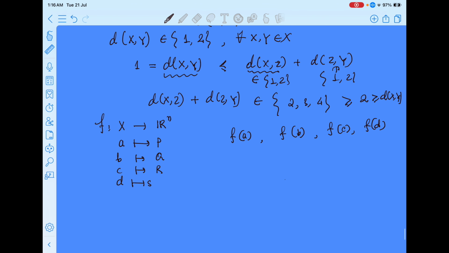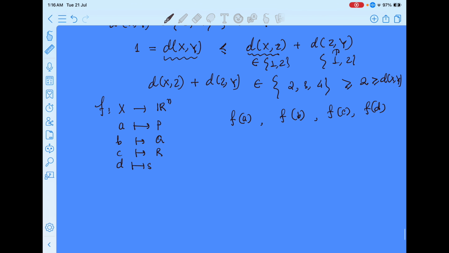Okay, so let us do it formally, you can check it by hand. The norm of f of a minus f of c is less than or equal to the norm of f of a minus f of b plus f of b minus f of c.